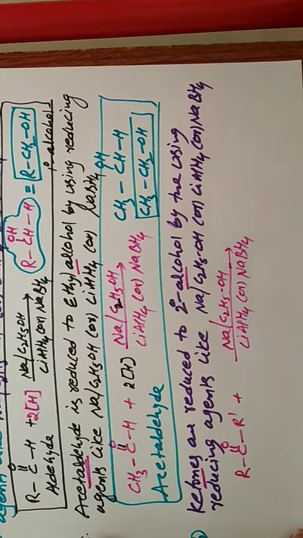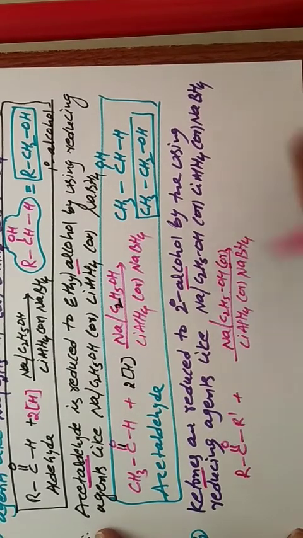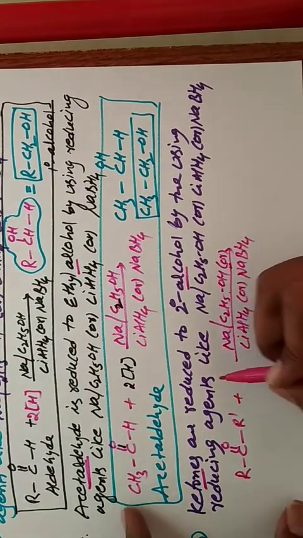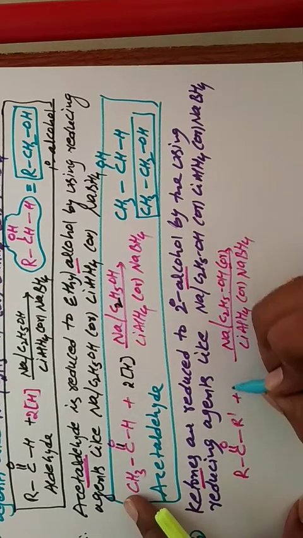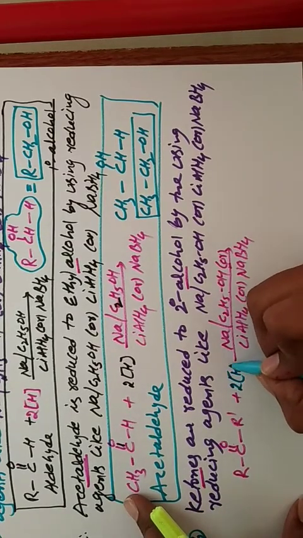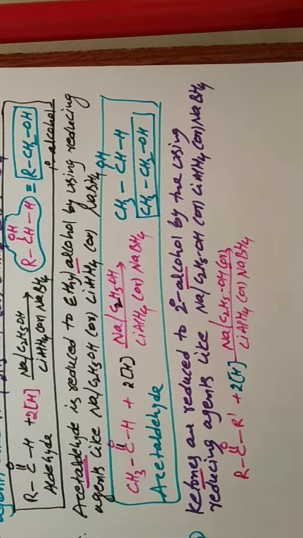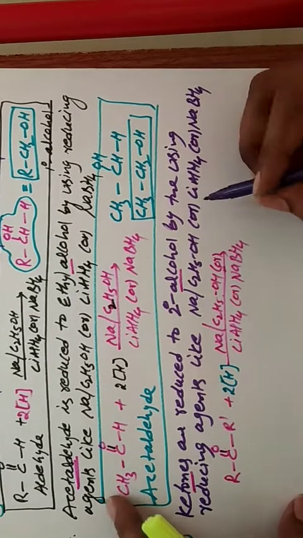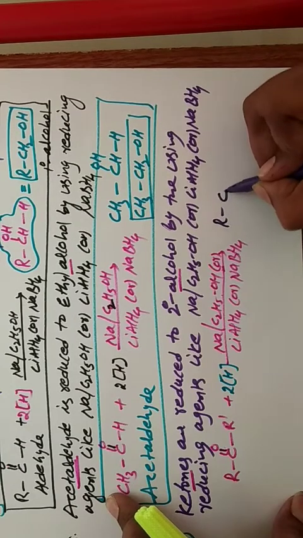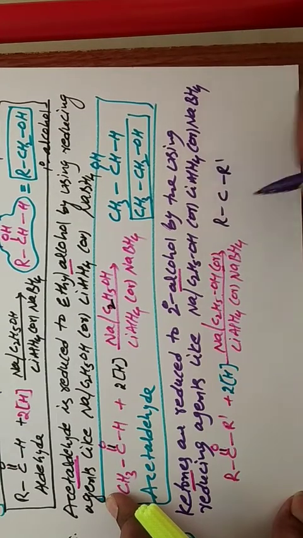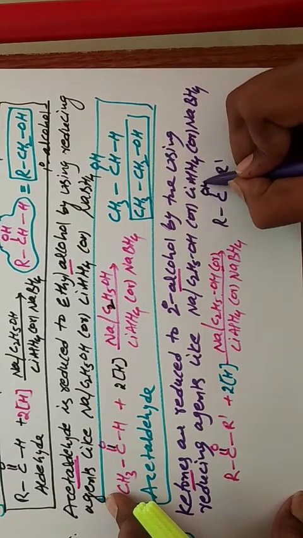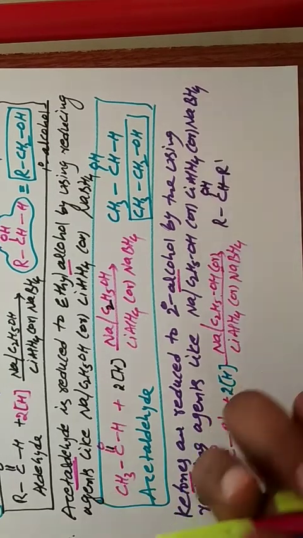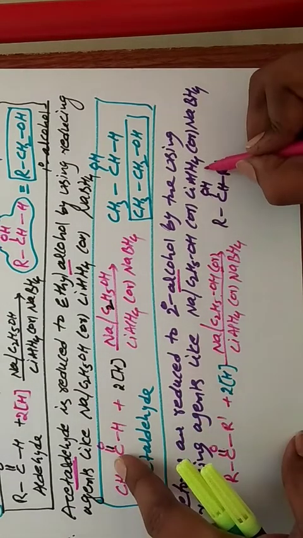How many hydrogen atoms are used? 2 hydrogen atoms. The pi bond will be removed, 2 hydrogen atoms are attached. R–C–R', here OH, here H. So this is the final product, the secondary alcohol.